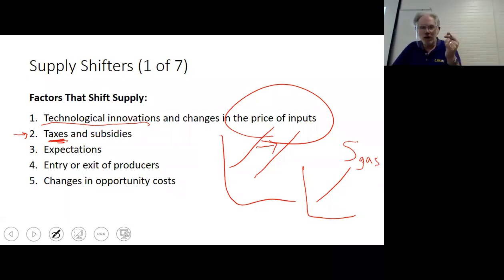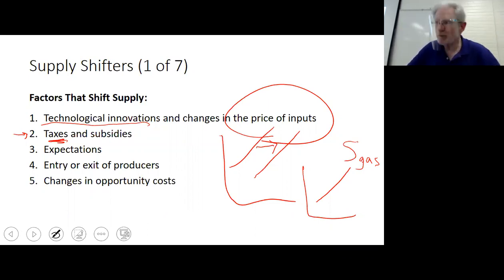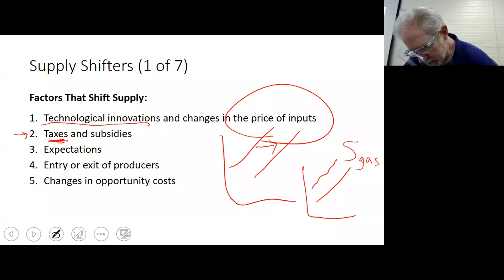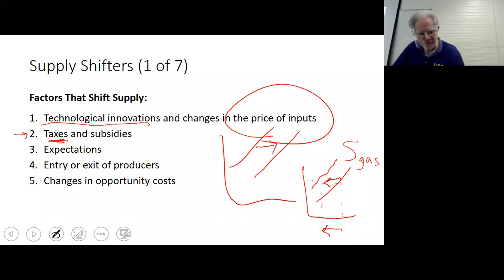If the cost of the input is higher, then the cost of producing gas is higher. That means it's less profitable to produce gas, and so supply is going to decrease. For any given price, the quantity producers will supply is now going to be smaller than before.